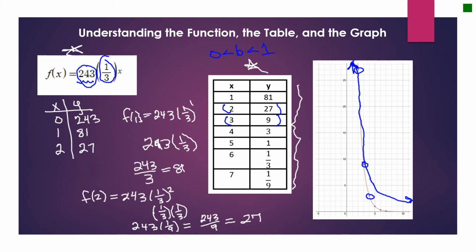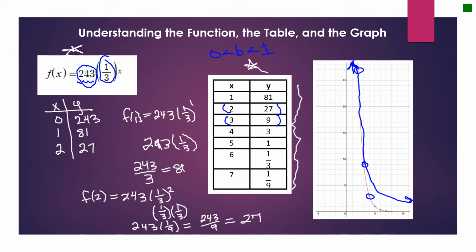Let's try one more. If I put 2 in, f of 2 would be 243 times 1/3 to the power of 2. Well, 1/3 to the power of 2 means 1/3 times 1/3. Okay, got to do the powers first.